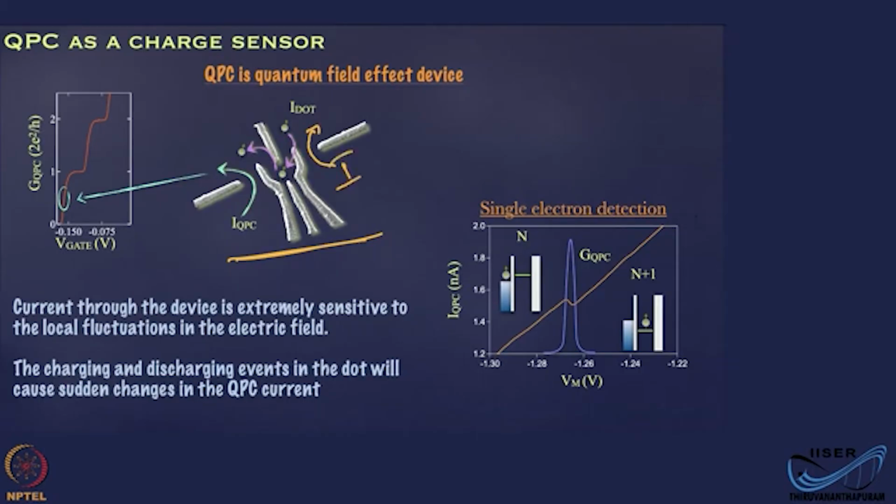This is also another quantum point contact where the current IQPC is a strong function of, or is really sensitive to, the local variations in the electric field. So the idea is any change in the charge configuration in the nearby quantum dot, which is represented by the circle here, any change in the charge configuration or electron occupancy can change the current or conductance of the device.